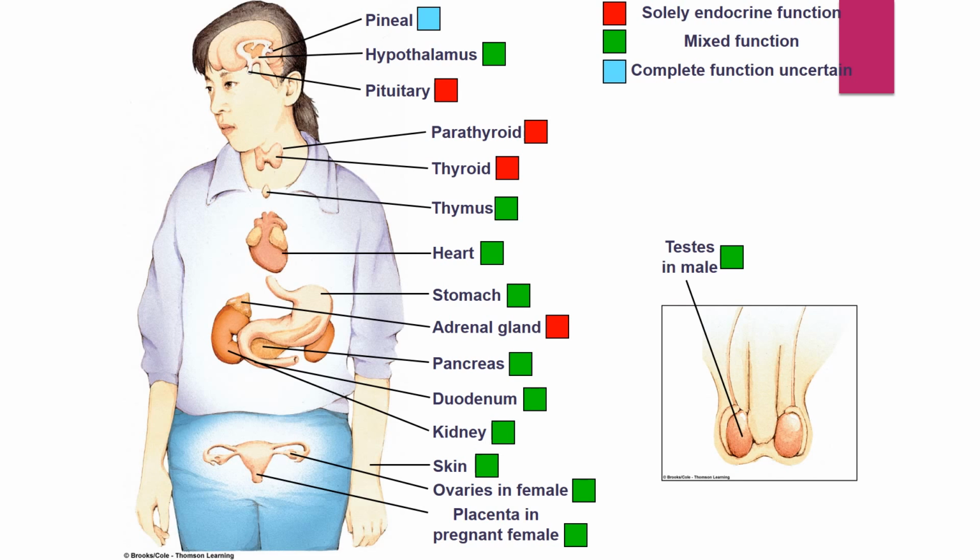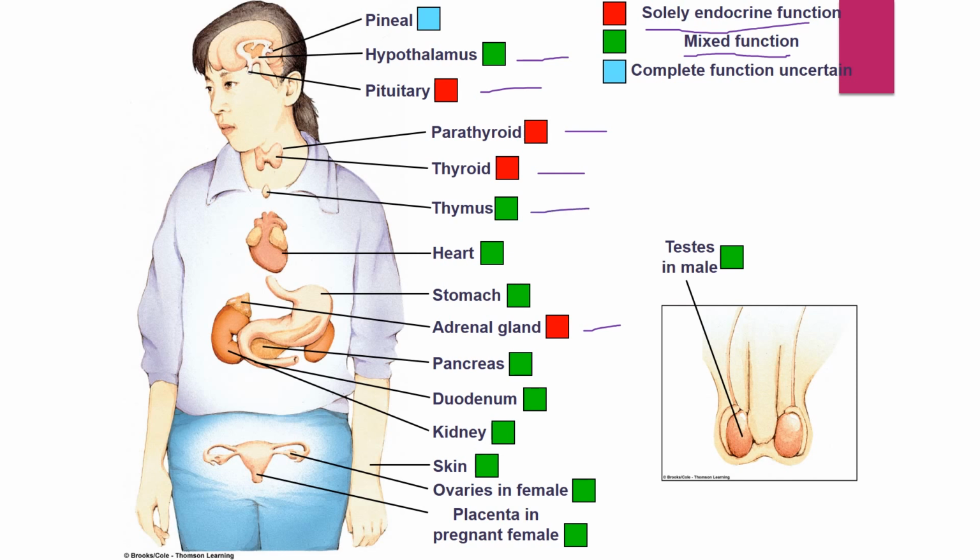When we look here, this figure shows that some glands and organs might only be of endocrine function, and that includes the pituitary, parathyroid, thyroid, and adrenal glands. However, some organs can function as both endocrine and non-endocrine. Mixed function here in the green represents the hypothalamus, which has a lot to do with neurotransmitter release as well as hormones.